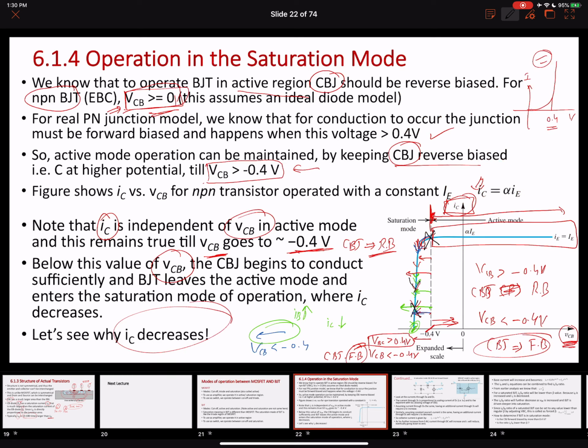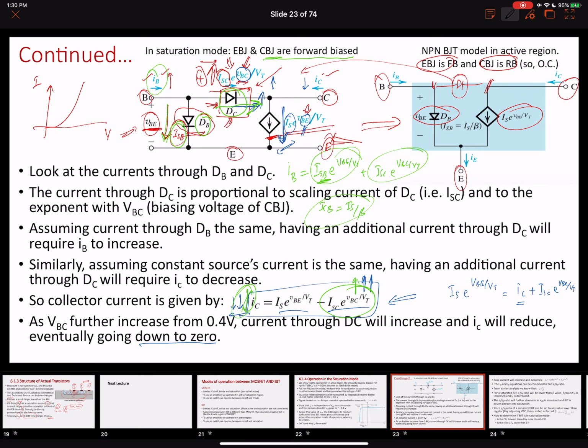When the transistor enters the saturation mode, our equivalent circuit is going to have an extra diode between the base and the collector terminals, and a current is going to flow through it. When a current flows through this diode DC, in order to have the same current flowing through the diode DB, our base current needs to increase.